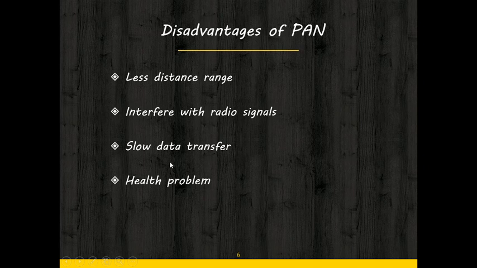Okay, and Bluetooth and infrared have a slow data transfer rate as compared to other types of networks like LAN. Okay, and in some cases PAN uses microwave signals for some digital devices, which have a bad effect on the human body, like the brain, and heart problems may also occur.